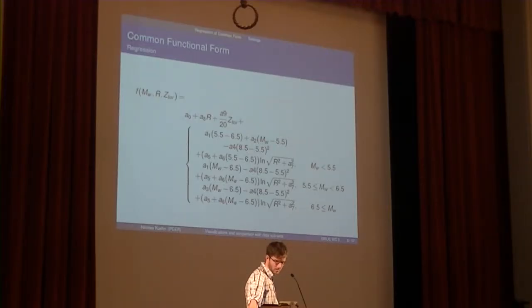Could you go to the slide with the actual common functional form? In that, it's broken into different magnitude bins, and could you go through how that works? You've got an A0 and an A8 term and an A9 distance, depth term.